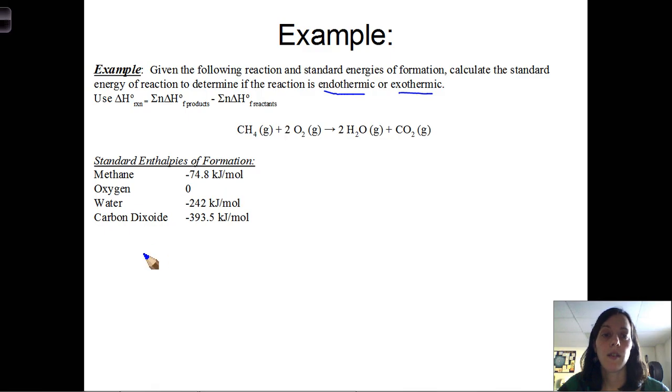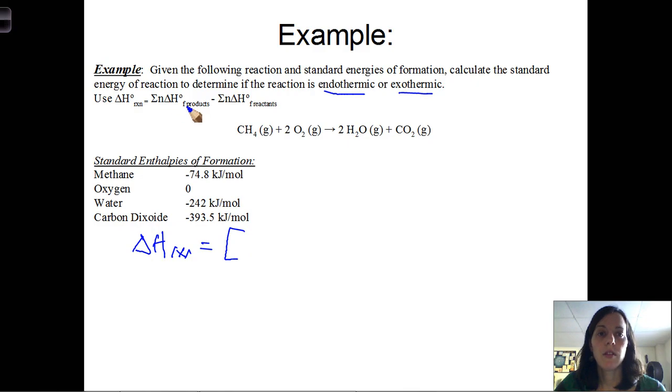And just as a reminder, the products are on the right-hand side and the reactants are on the left-hand side. So when we do this out, our delta H of reaction equals, and I recommend using square brackets here and lots of parentheses, otherwise you end up with math errors due to the negative number. It's the summation of the moles times each of the individual enthalpies of formation of the products.